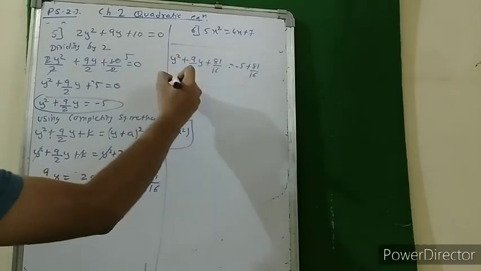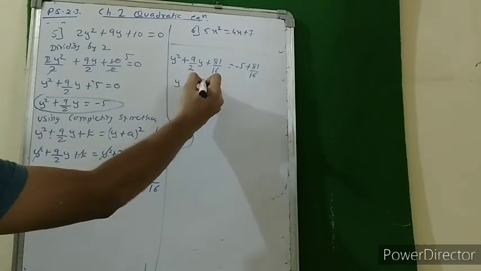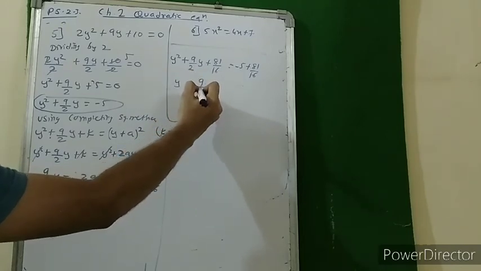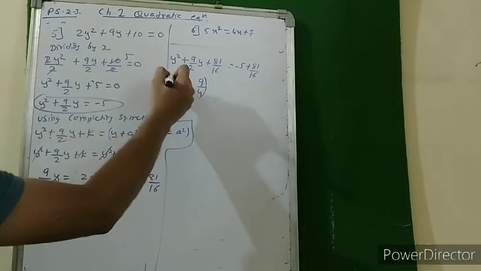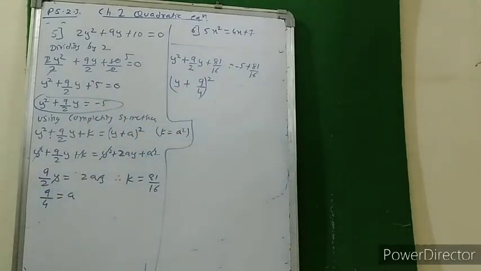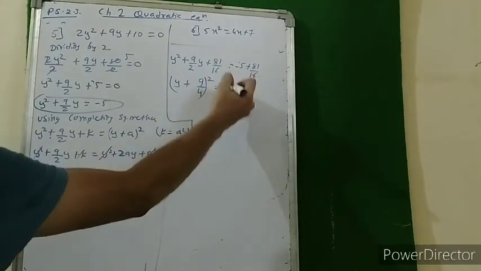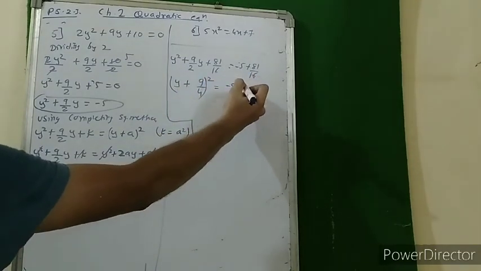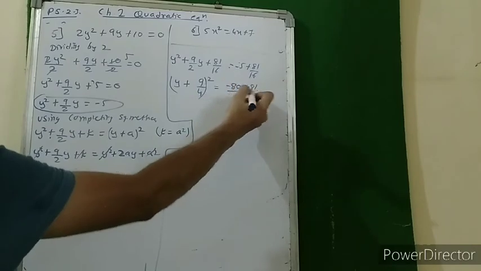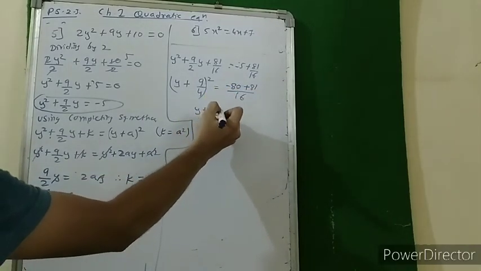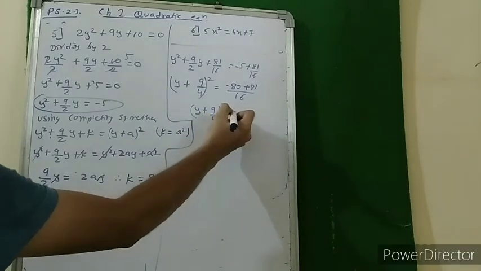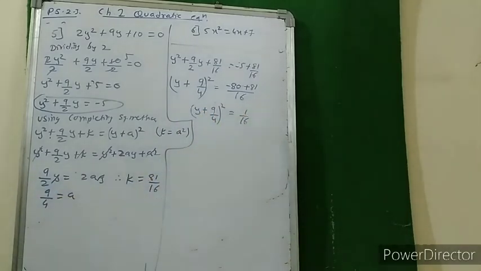So this is a perfect square where y square is y, 81 upon 16 is 9 upon 4, and a plus sign between both of them, the whole square. Now over here 16 fives are 80, so minus 80 plus 81 upon 16. So y plus 9 upon 4, the whole square, is equal to 1 upon 16.